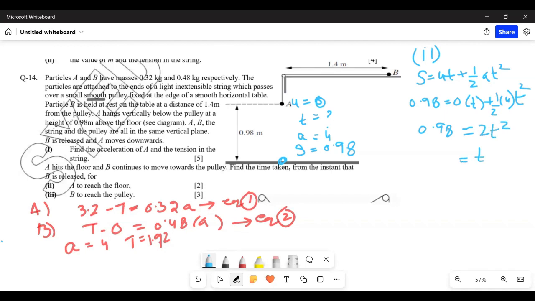When you solve it, you divide by 2 first, and then take the square root on both sides. So it's 0.7 seconds. It takes 0.7 seconds for A to move from its current stationary position to the floor.